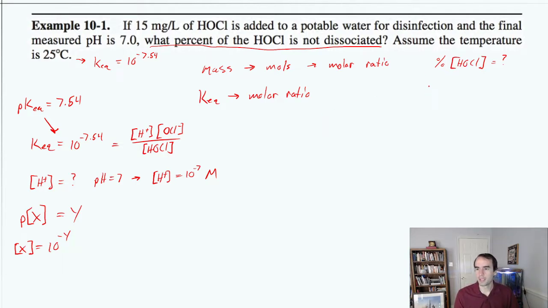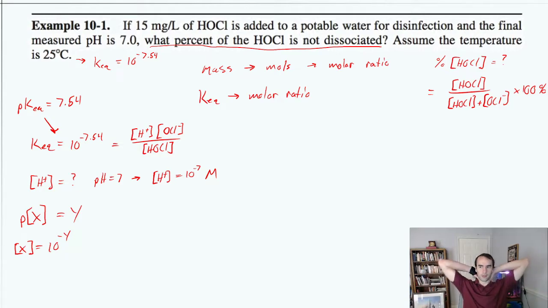Maybe we can go ahead and write how we could find that percentage. That would be HOCl divided by HOCl plus OCl minus, times 100%. That would give us the percentage that we're looking for.